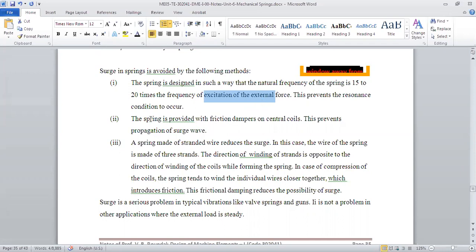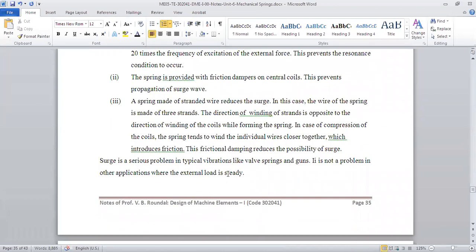Sometimes we provide frictional dampers for the center coil to avoid the surge. A spring made of standard wire also reduces the surge. So we can use these ways to reduce the surge in the spring. Surge is a very important and serious problem for springs where cyclic load is there.